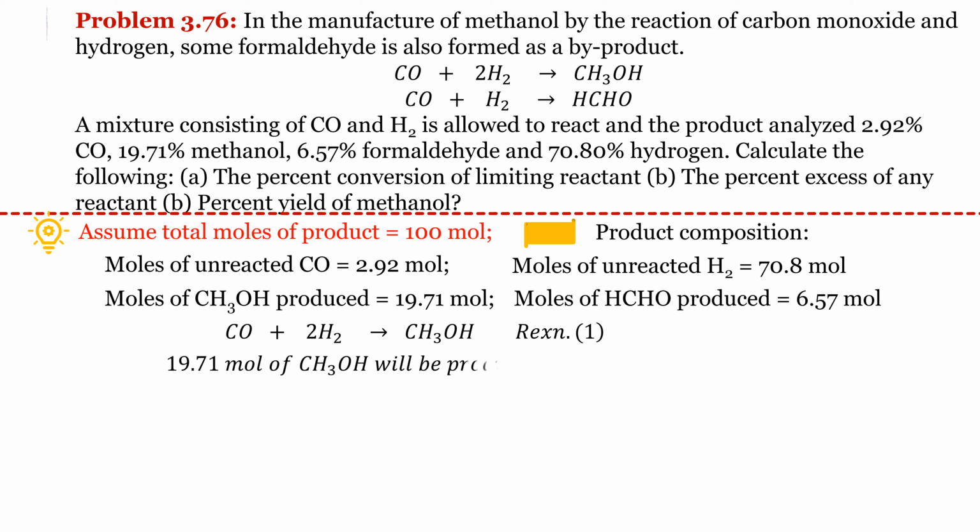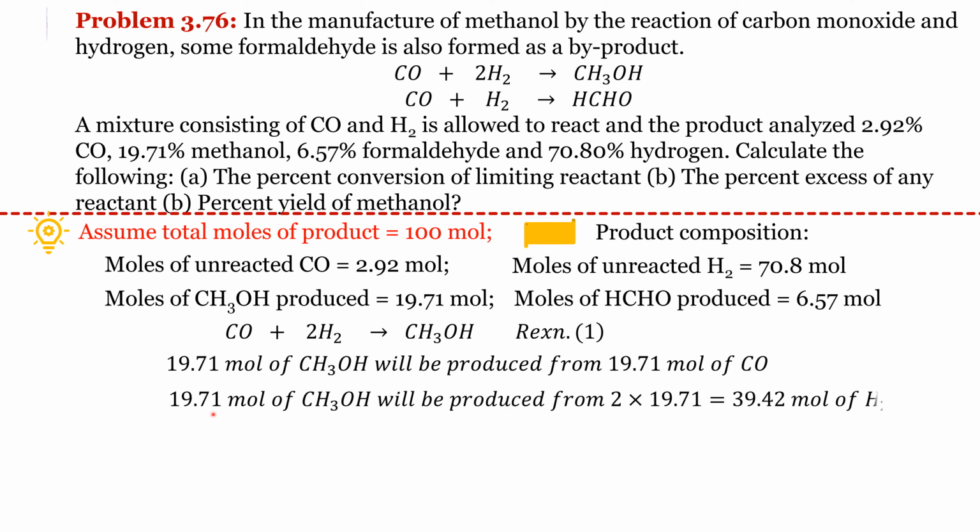So we can write, 19.71 moles of CH3OH will be produced from 19.71 moles of CO. In the same way, 19.71 moles of CH3OH will be produced from twice of 19.71 moles of hydrogen, because here the stoichiometric coefficient of H2 is 2.